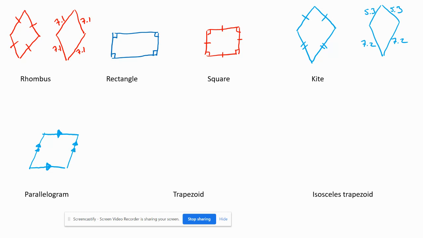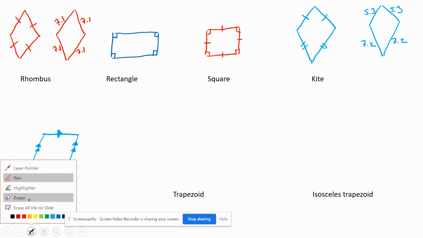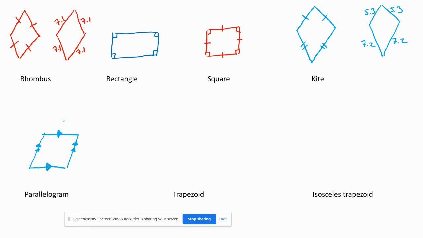The top and bottom are parallel, the sides are parallel, and that's what gives me a parallelogram. Now, one interesting part is that the top and the bottom are also equal. So the top and the bottom have the same length, and the two at the sides are also equal.